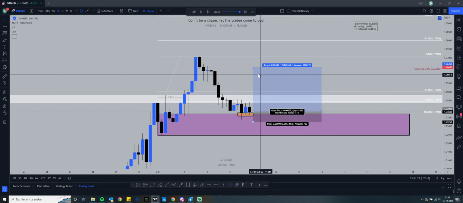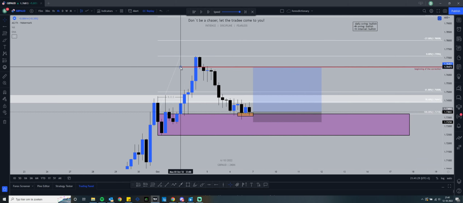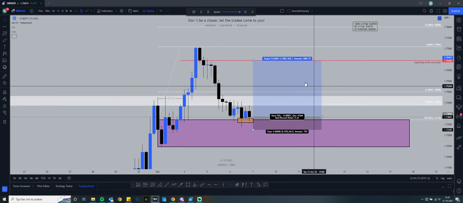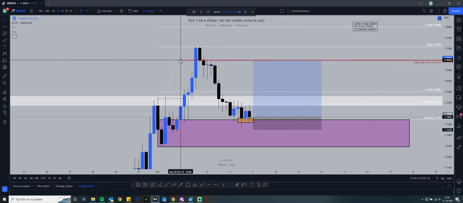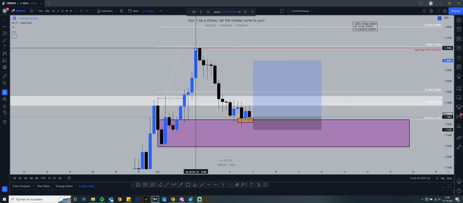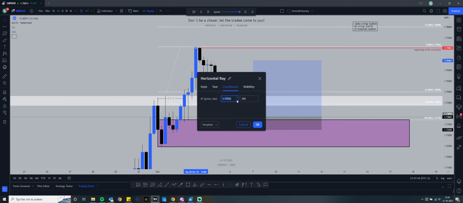The second type you can do is look for exactly the same, the beginning of the correction, but look at it from a 4-hour perspective. That's a personal preference. It's something you have to look at for yourself. So you can do it here, or you can do it here, the close of the body, and then round it down. So now we make it like 7, 0, 0, like this.